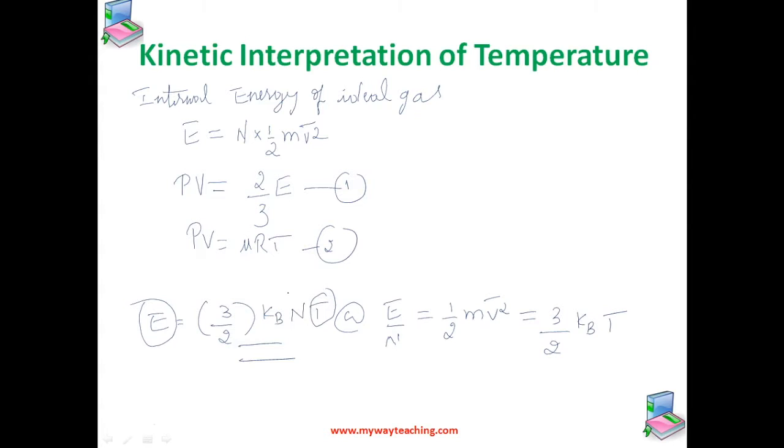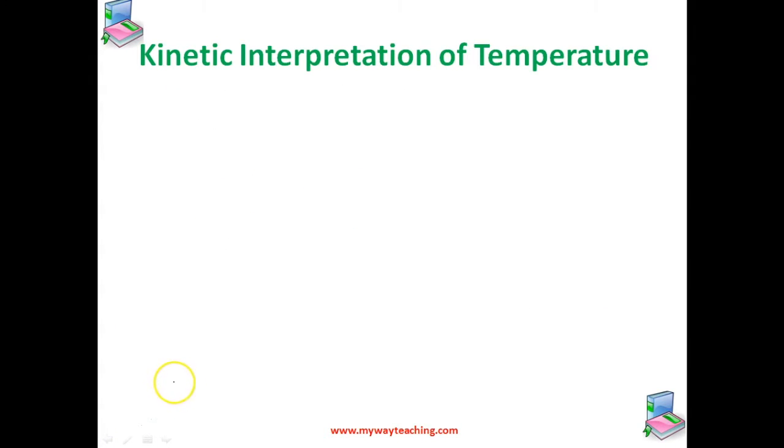With this interpretation of temperature, the kinetic theory of an ideal gas is completely consistent with the ideal gas equation, and the various gas laws are based on this only. So the internal energy depends only on the temperature, not on the volume or the pressure.